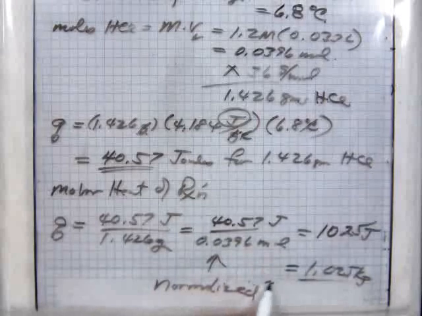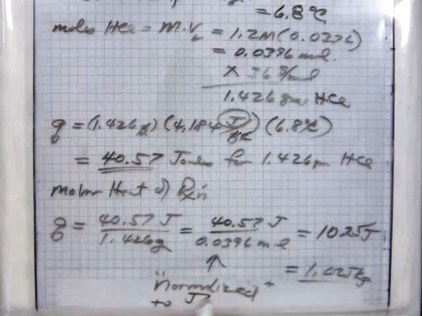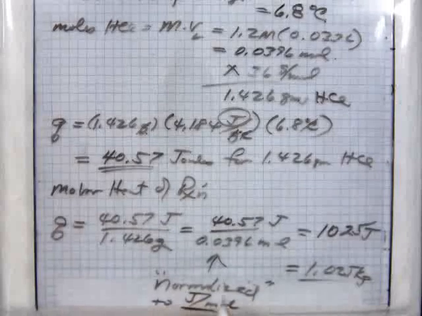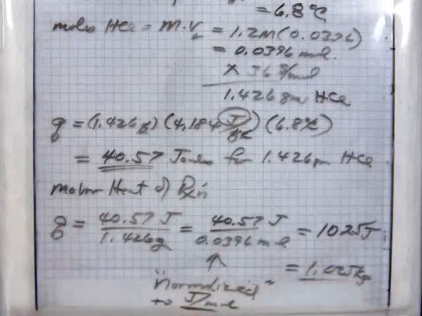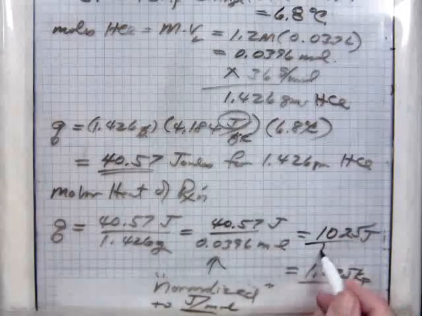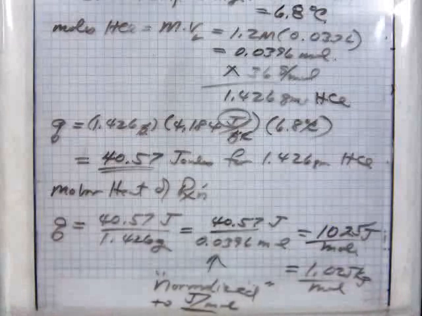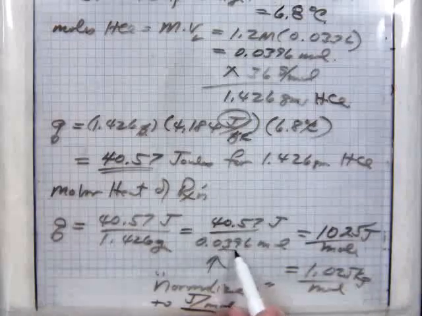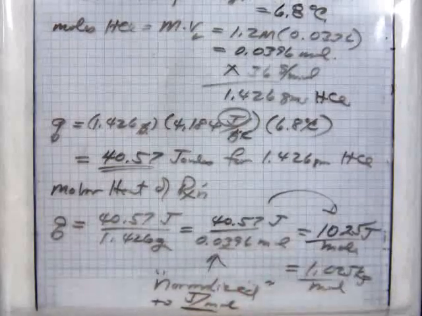Normalized to joules per mole. When you divide this out, it gives you this number per mole. It's really per 1 mole. People don't report kilojoules per 0.0396 mole. Everybody would convert this to joules per mole.